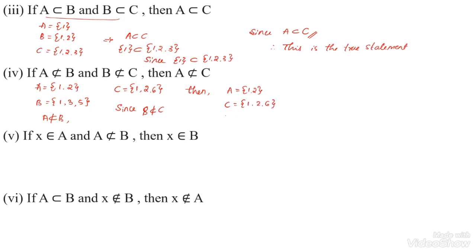Observing sets A and C, A is a subset of C. But in the statement they have given that A is a subset of C. Yes, this one is right. Since according to the definition, this is not true.